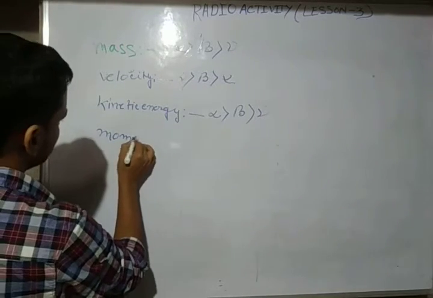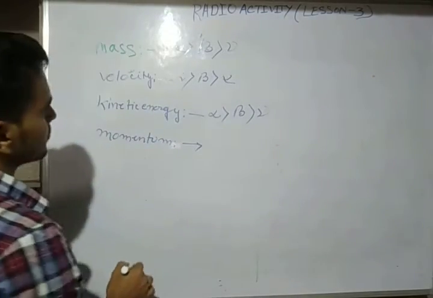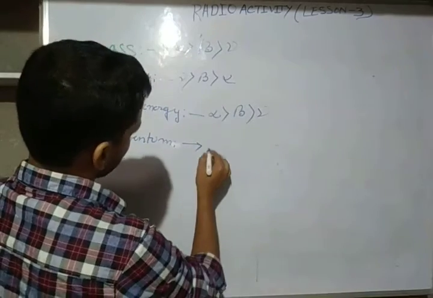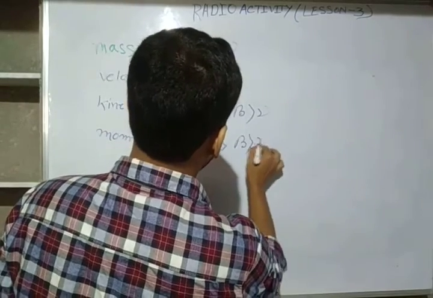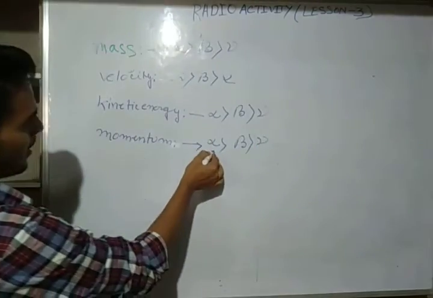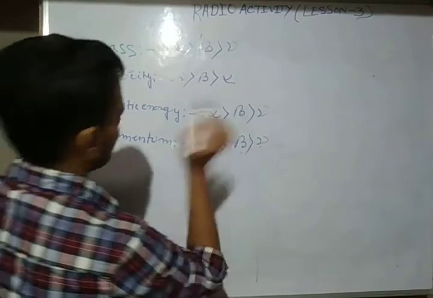Momentum: alpha, beta, gamma. Alpha is highest among three, in middle beta, then gamma.